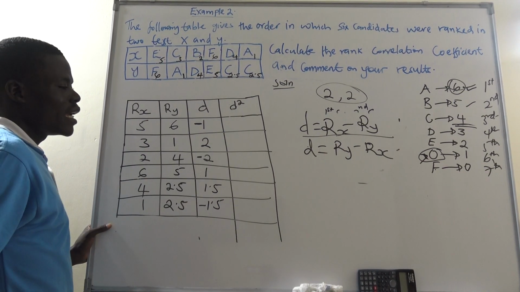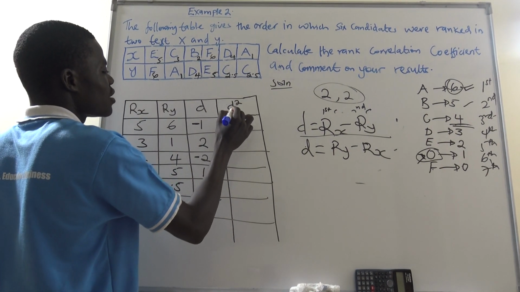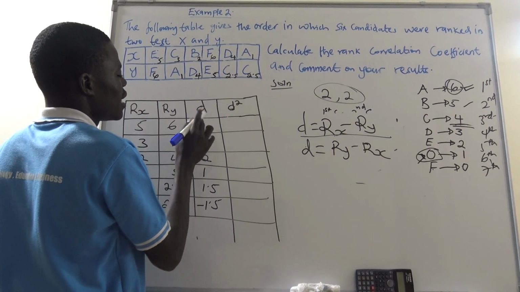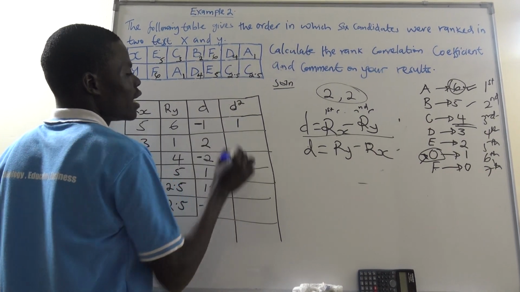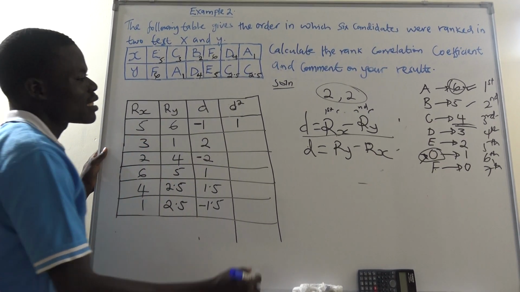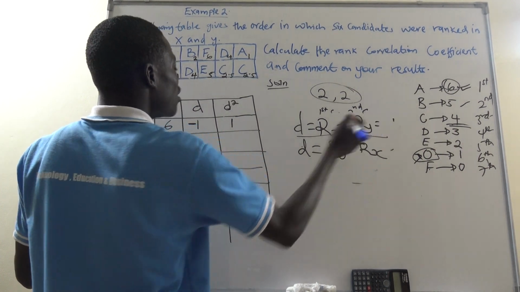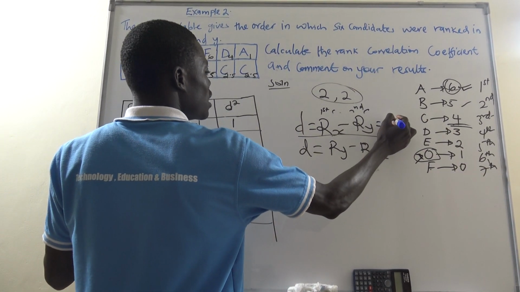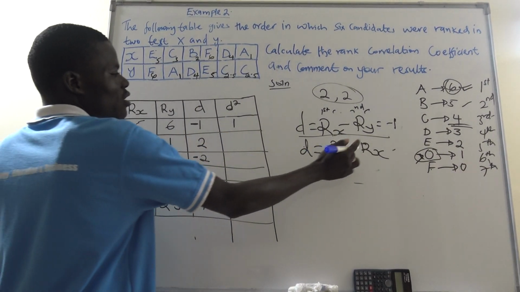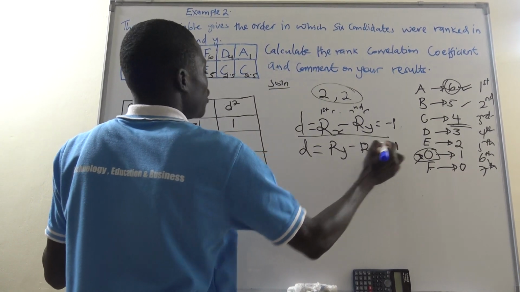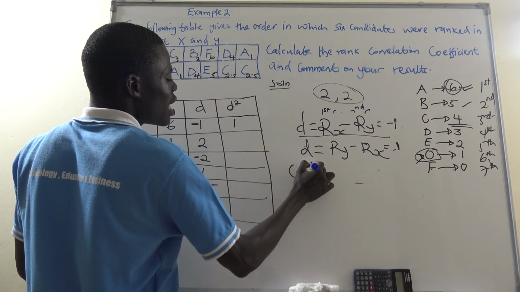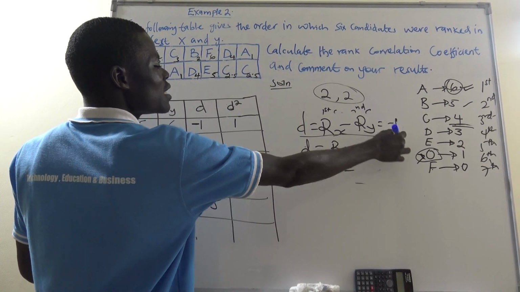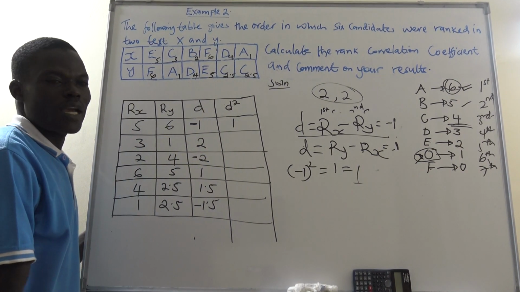Then we go ahead and get the square of the differences. Negative 1 squared is the same as 1. That is where the similarities come from: if you use this one for the first case, we got negative 1, but if you use the other one, we will get 1. So when you are getting d squared, negative 1 squared gives you 1, which is the same as 1 squared.